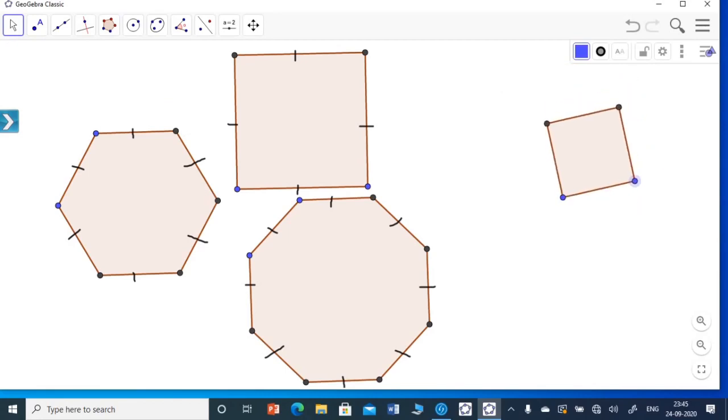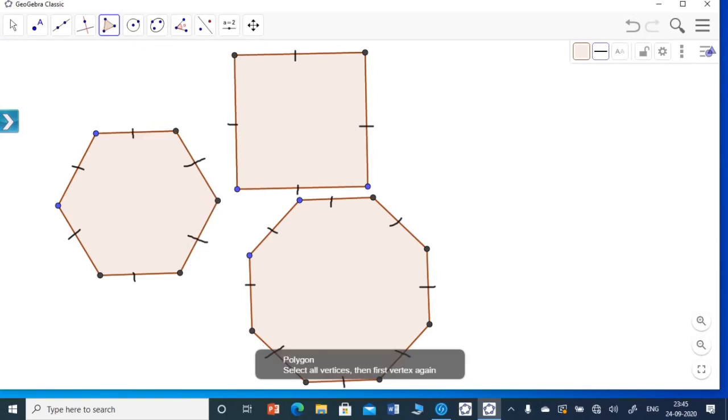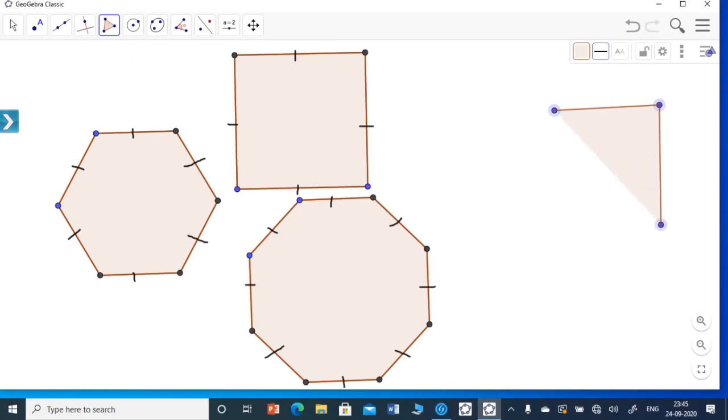Square is a regular polygon. This is an irregular polygon in which all the sides are not equal and all the angles are not equal.